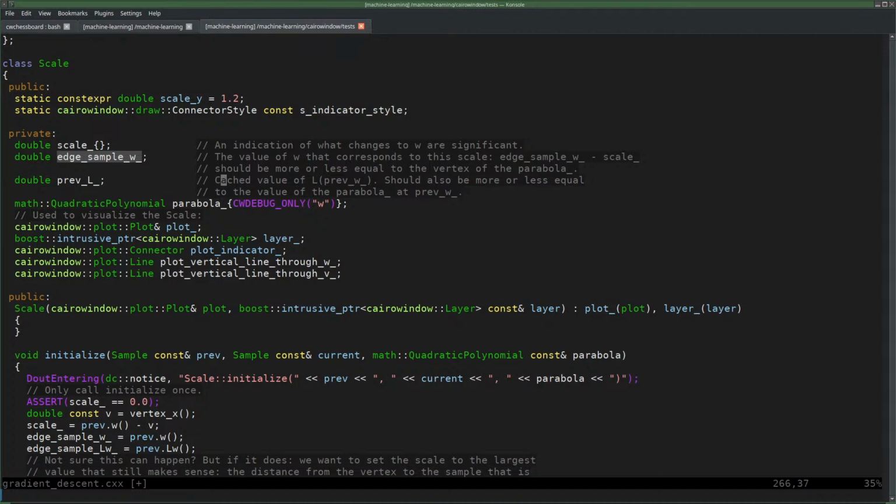And this is the cached value of L of that value. Should also be more or less equal to the value of the parabola at that point.